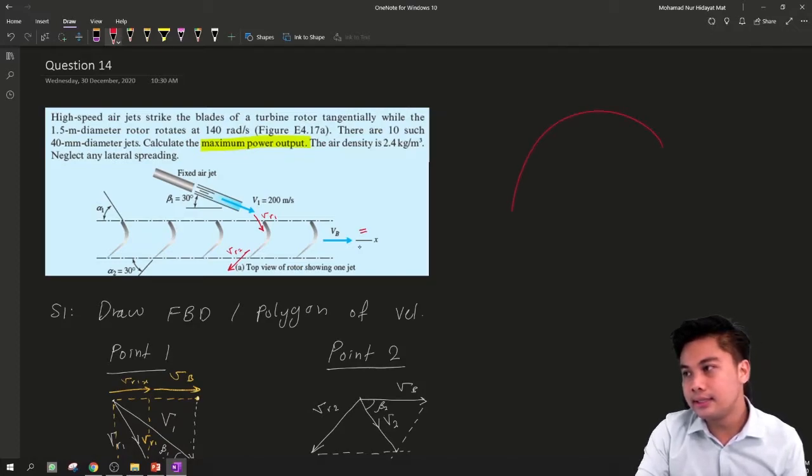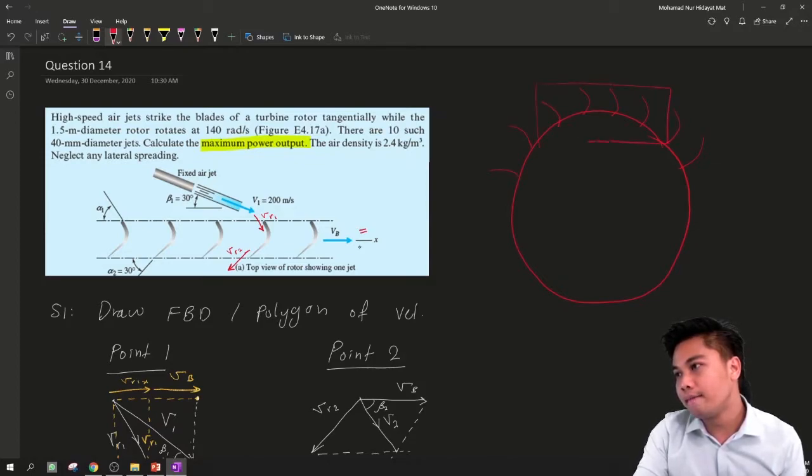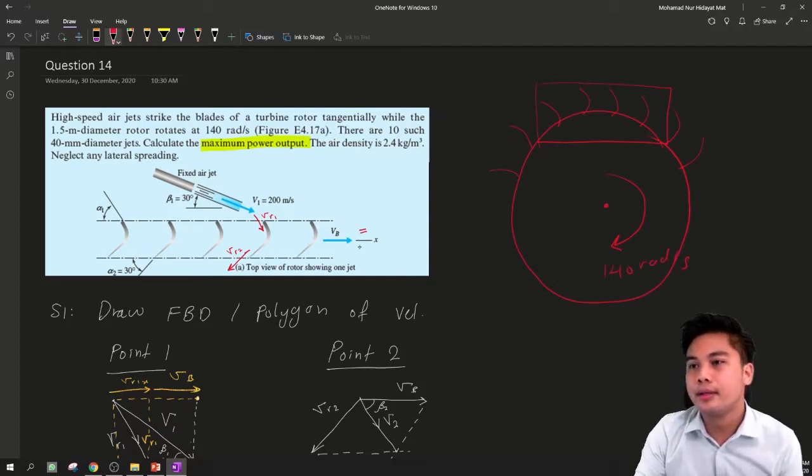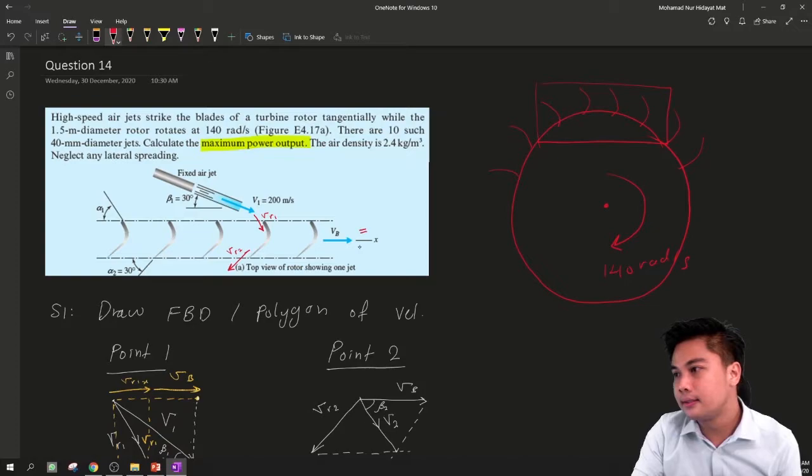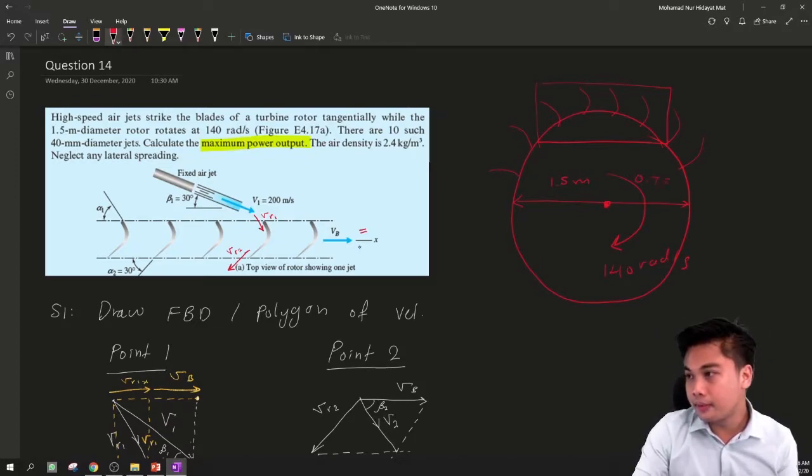So let's say this is the rotor, this is the vane. We only focus on this portion. It rotates at 140 rad per second, and this diameter is 1.5 meter, so the radius here is 0.75 meter.